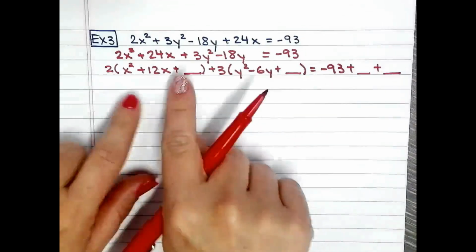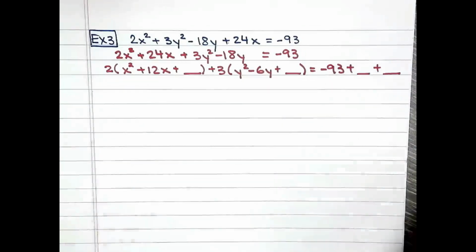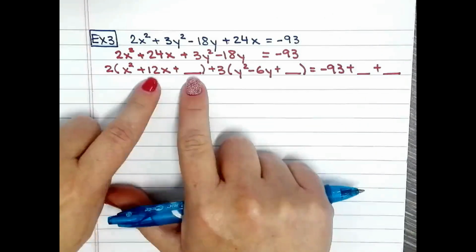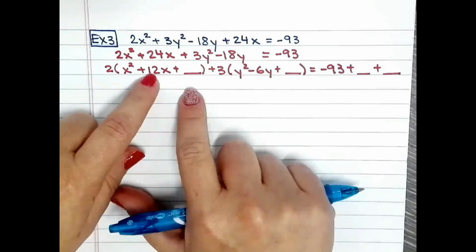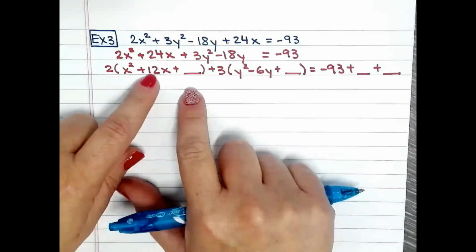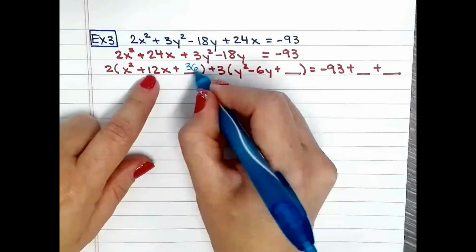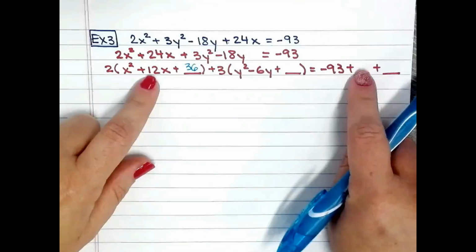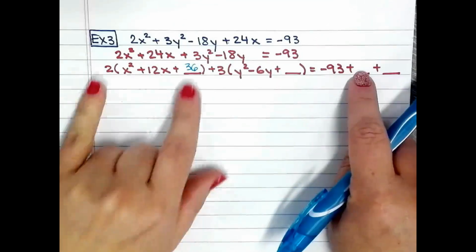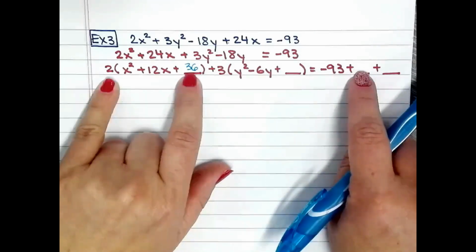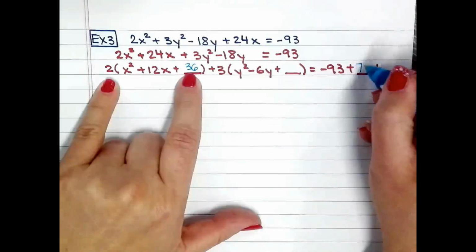Okay? Now, when I'm completing the square here, I get 12 divided by 2 is 6. 6 squared, 36. What goes here? 2 times 36. So 72 goes there.